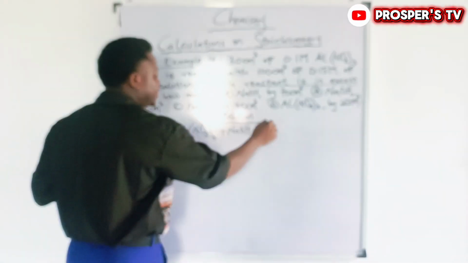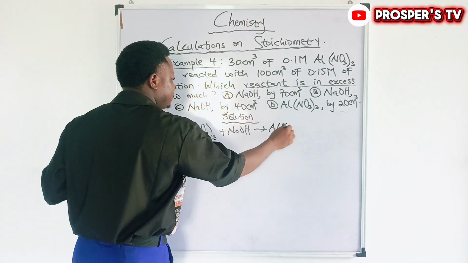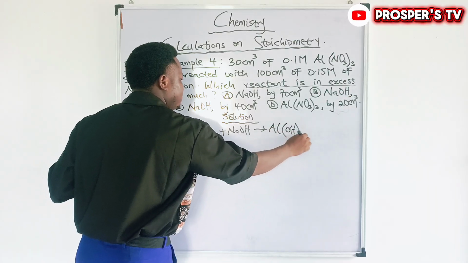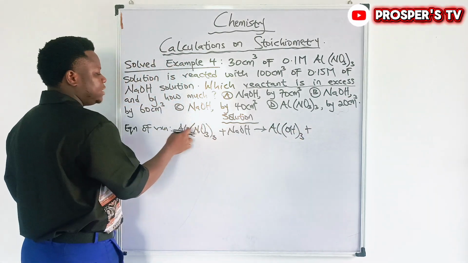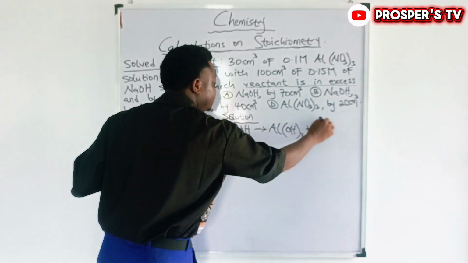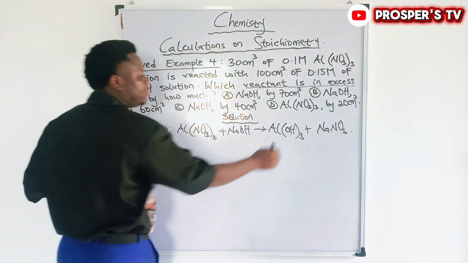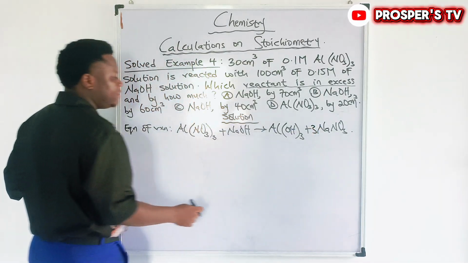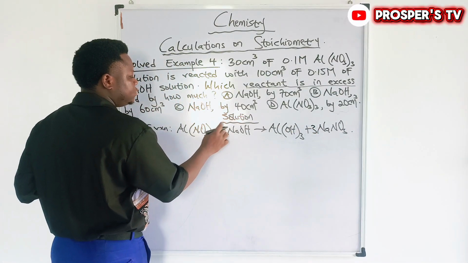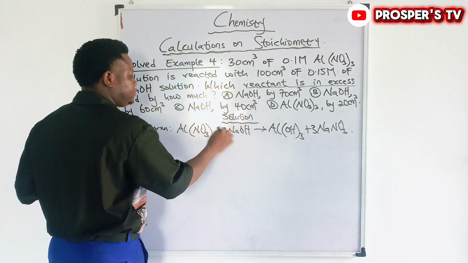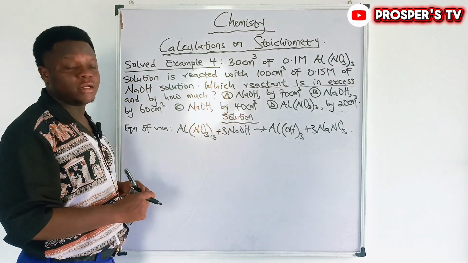So aluminum will be bonded with the hydroxide. So you have Al(OH)3, and then sodium takes the place of aluminum. So you have NaNO3. So to balance the equation, I think we place a 3 here, and then we should place a 3 here. I think our equation is balanced now.